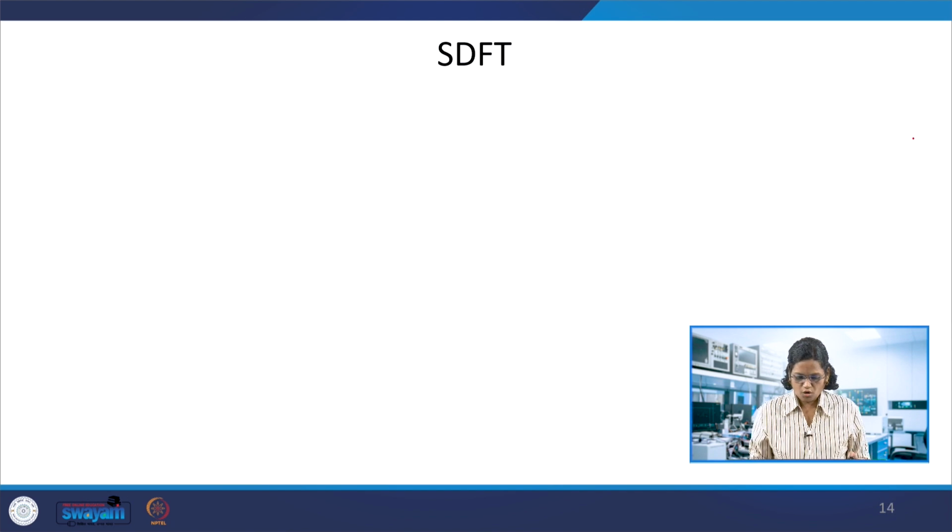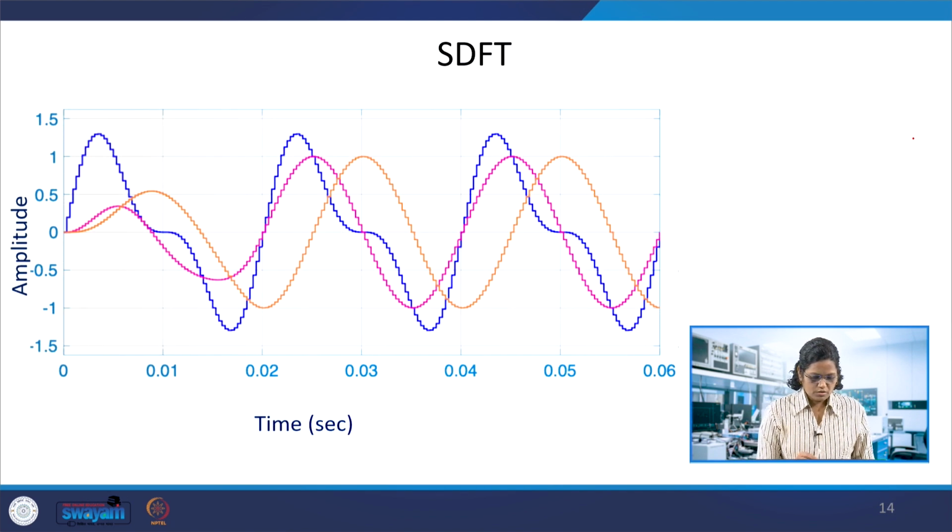So let's see the output now. Here the scope gives the amplitude and time. You can see this is the signal which has been taken, the input signal x of n. You can see the samples, the blue one, from 0 to N minus 1, you can see the transient response of the filter.